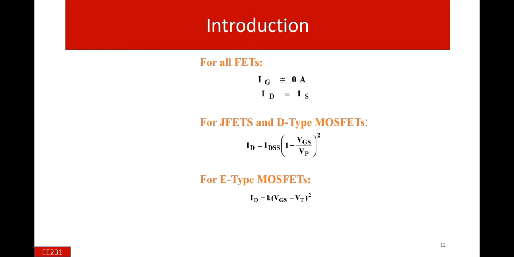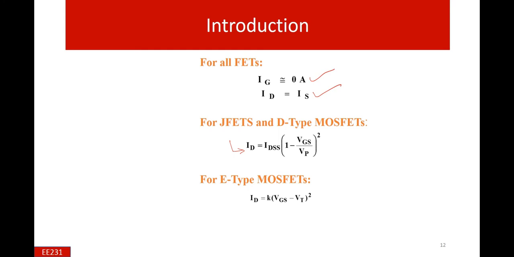current is approximately 0 for the gate terminals, and the drain current and source terminal currents are the same. For JFETs and depletion type MOSFETs, this relation is applicable, where the drain current is the controlled parameter and VGS is the control parameter.